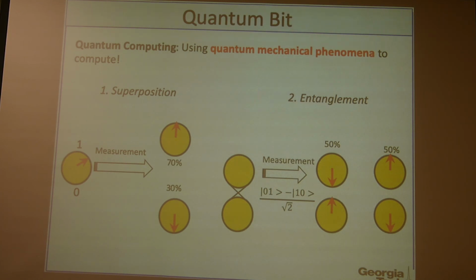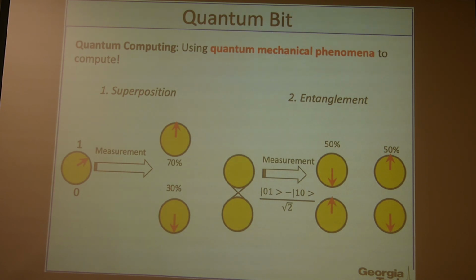So again, we can represent a bit like this. Say if it's up, it's 0, and if it's down, it's 1. Classically, a bit can be either 0 or 1. In quantum mechanics and quantum computing, a bit can be in between them.